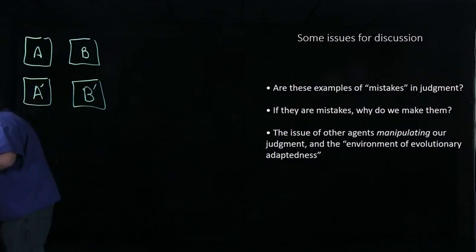So let's say that we take A and we do a Photoshop on photo A to produce a new photo. We'll call it A prime. Now, this being a psychological experiment, the photo of A is morphed a little bit to be a little asymmetric, or the head shape is a little odd, or something like that. In other words, A prime looks kind of like A, but less attractive.